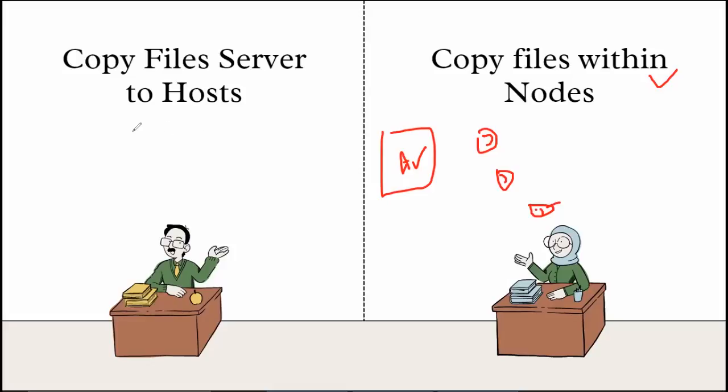How to do that? This is the Ansible server, and there are a lot of Ansible client nodes, so from here to here, from here to here, from here to here, right? We'll see this also.